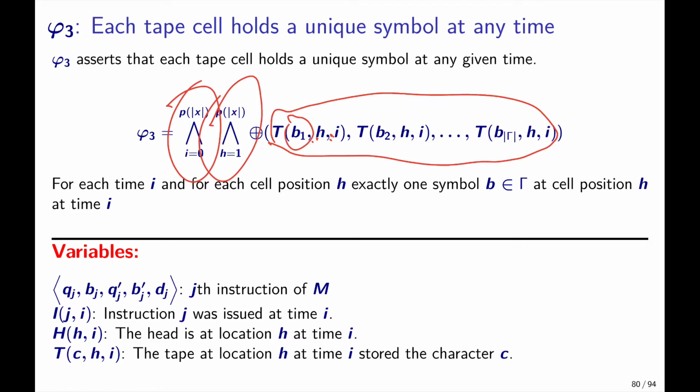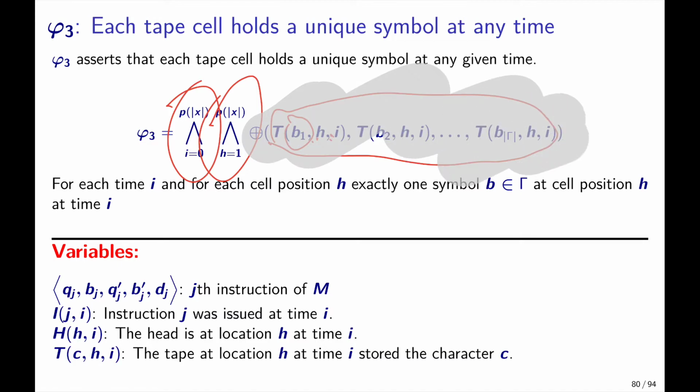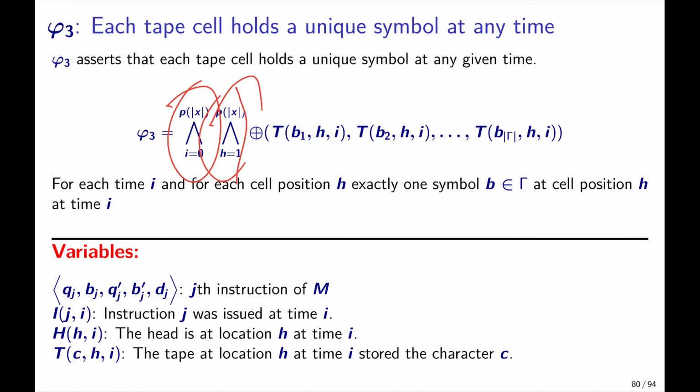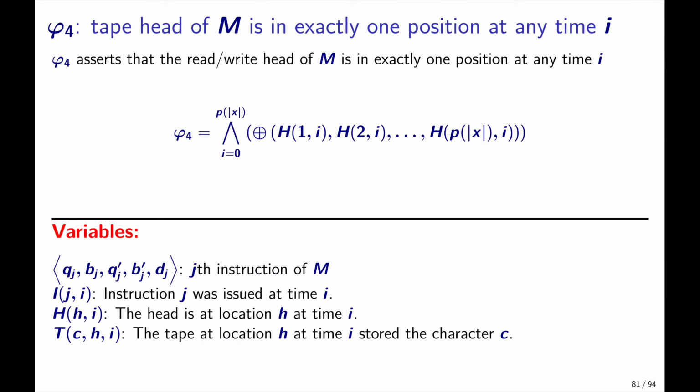So we put all those variables inside an O plus, requiring that exactly one of them is true, and we take the AND across everything. Right? So this is that. The next one: the tape head is in exactly one location, right? So you look at all the variables that tell you where the tape head is at time i, and you take an O plus of them, and then you take the AND across time, right?